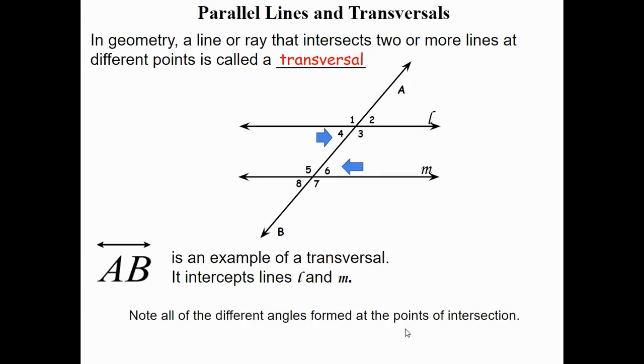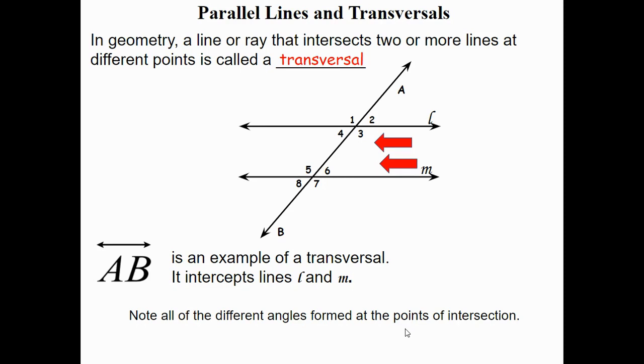So 4 and 6 are an example of those, and you can write those in your notes. They are on opposite sides of the transversal and they are between the lines, so they're the interior part. Same side interior angles would be an example of 3 and 6. So write those down. They're on the same side of the transversal, but they're in the interior region.